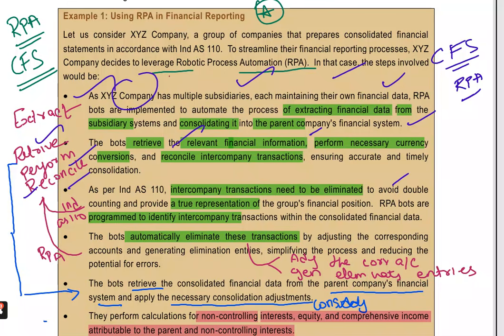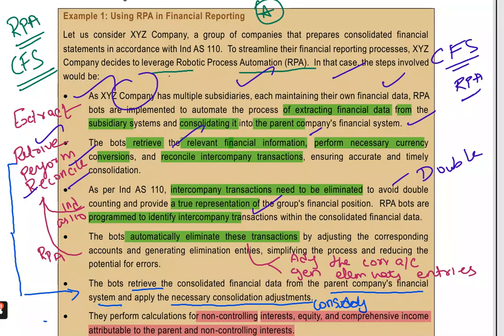Ind AS 110 asks you to eliminate the intercompany transactions. Why elimination? To avoid double counting and to have a true representation, you have to eliminate intercompany transactions. This is an Ind AS 110 point, and we'll continue that later.